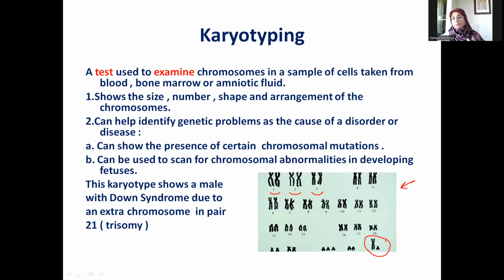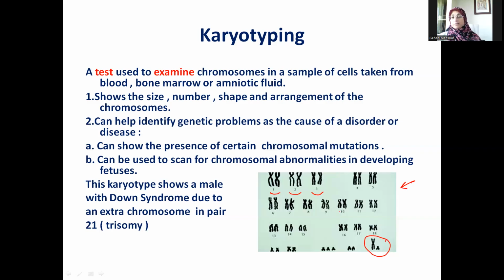So you can see the shape of the chromosomes, you can see the size of the chromosomes, you can see the arrangement of the chromosomes. Of course, we do not do a karyotype during interphase, for example. We usually do a karyotype during prophase. You can see chromosomal mutations.